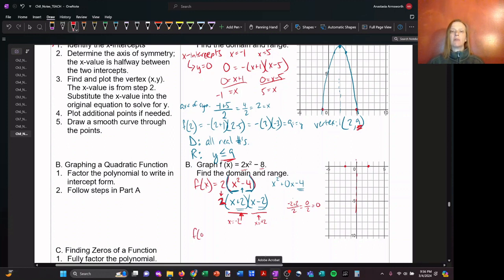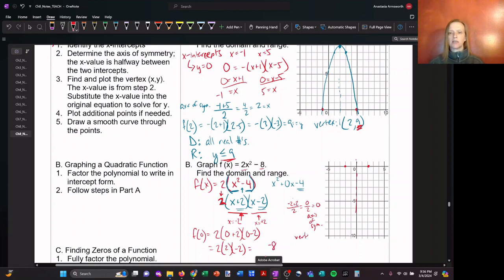And if I go ahead and plug in that x value of 0, this is my axis of symmetry. If I plug in that 0 value into 2 times 0 plus 2 times 0 minus 2, that works out to be 2 times +2 times -2, and that works out to be -8.